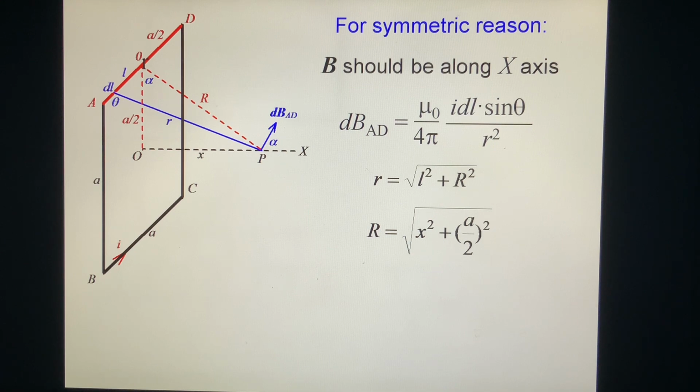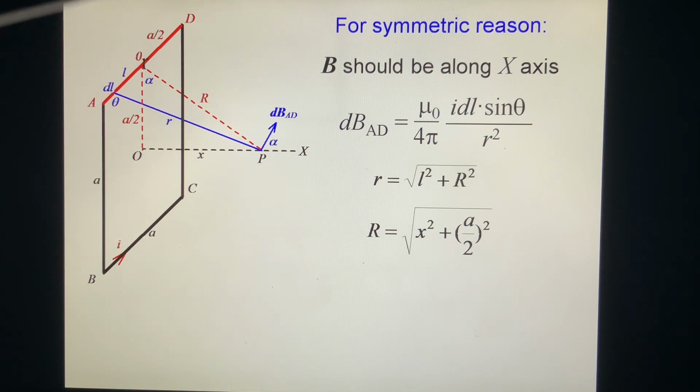And let's see the direction. dB is perpendicular to I dl and perpendicular to r, so it must be perpendicular to triangle ADP, because these two lines lie in this triangle.